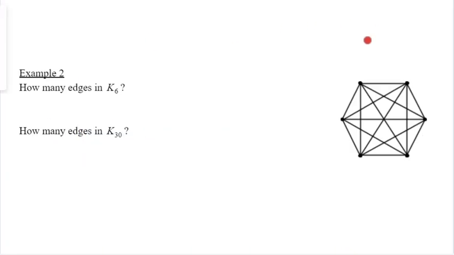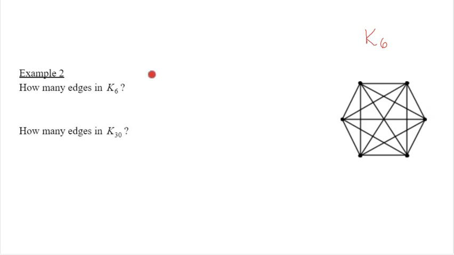So here we have the graph K6. We have 6 vertices. Typically they are arranged in a circle, or in this case on the corners of a hexagon. And then we have each vertex connected to every other vertex in the graph.